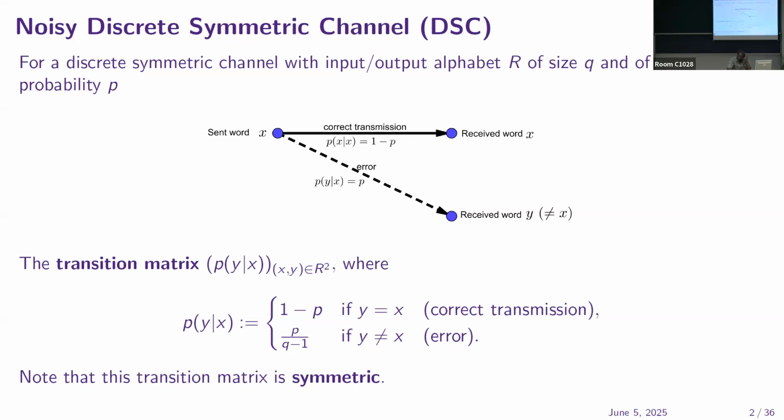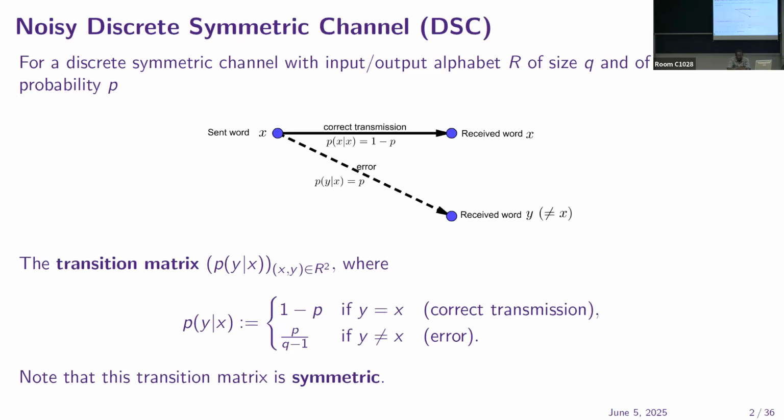The transmission matrix is the matrix whose coefficients are the conditional probability, the probability to receive y given x is sent.